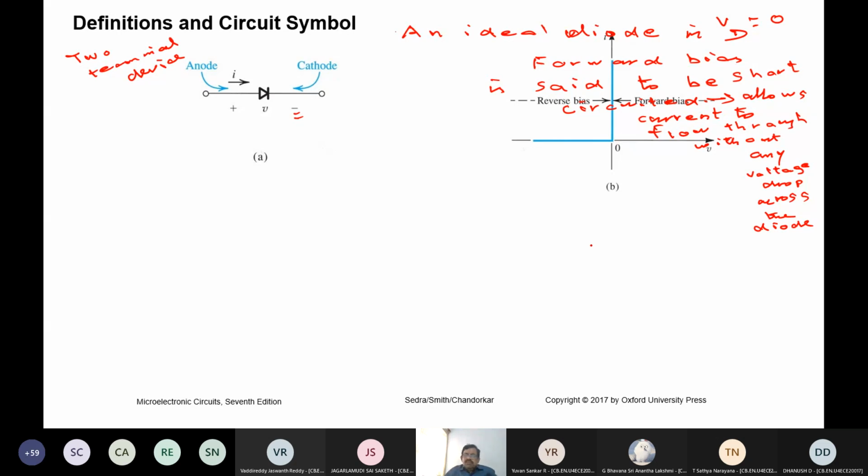When I have a diode under forward bias, which means the diode conducts, then it is a short circuit. Here it is open circuit. In this case, this is short circuit. So in figure D, V equals 0 and current is flowing through the diode. So this is the short circuit condition.